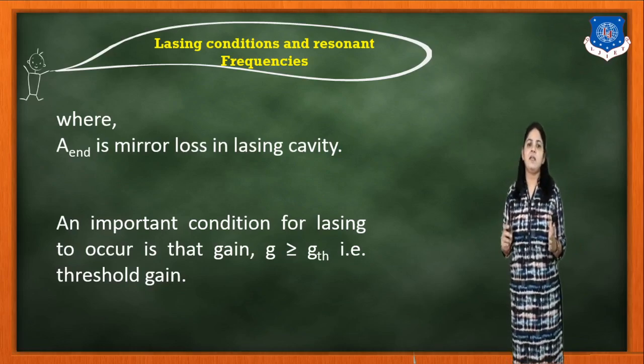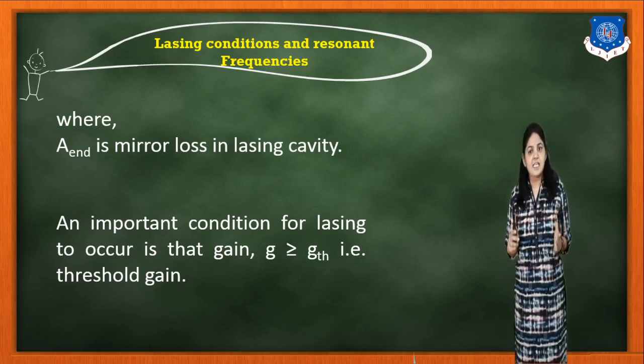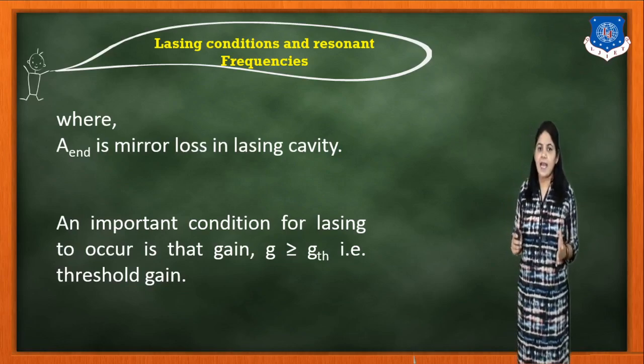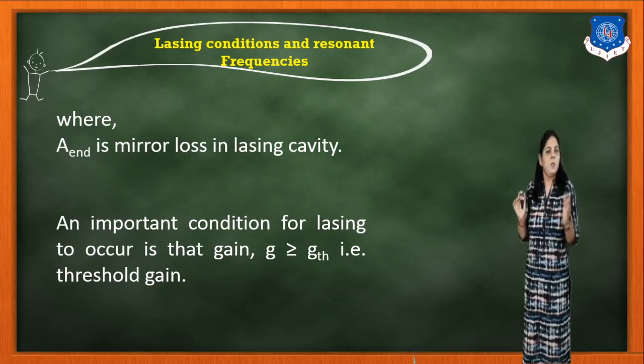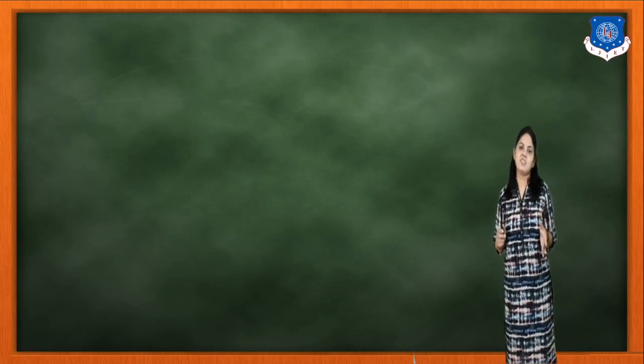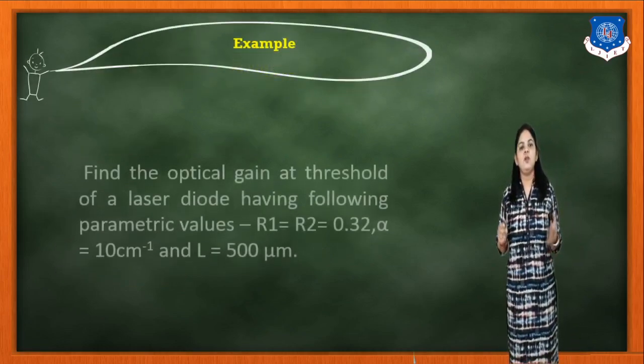An important condition for lasing to occur is that the gain G must be greater than or equal to Gth, which is known as the threshold gain.